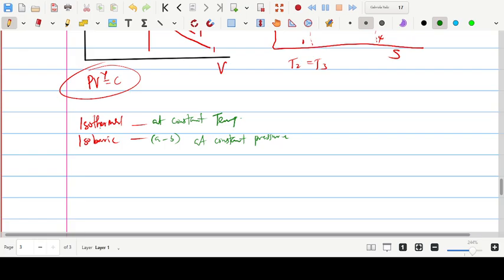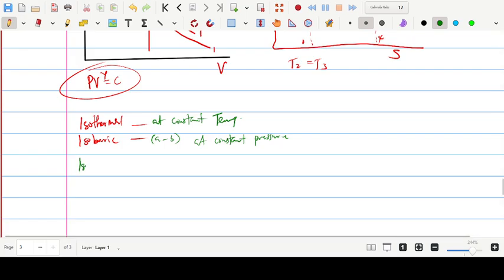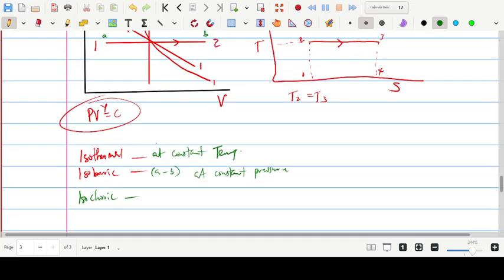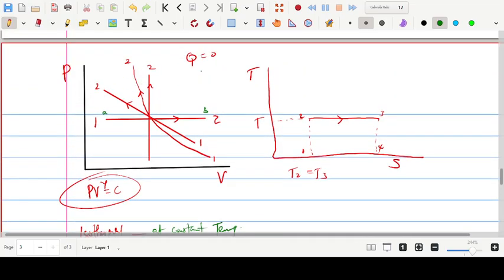Isochoric. Isochoric simply means that heat occurs at constant volume. So which line is that one? It is this one. This is the volume axis, the abscissa. So this one goes up at constant volume.